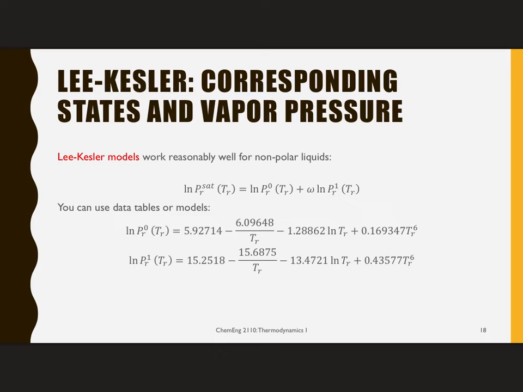And the PR1 term, similarly, is 15.2518 minus 15.6875 over TR minus 13.4721 times the log of TR plus 0.43577 times TR to the 6th power. You can use those, and they work fairly well also, and you simply need to have the critical properties to use them.